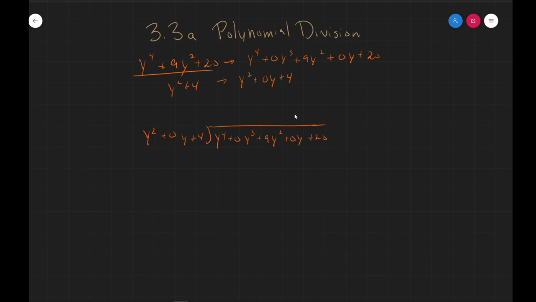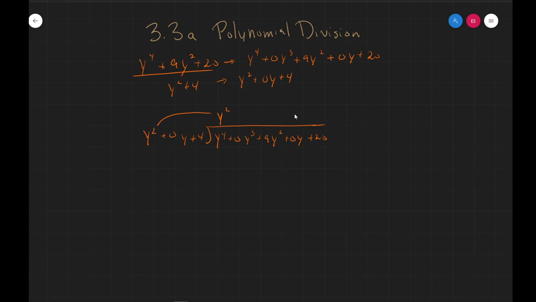We're always only going to look at this very first term, and ask what can we multiply this first term by to match up with the other terms. So what can we multiply y squared by to get to y to the fourth? Well, that's going to be y squared.